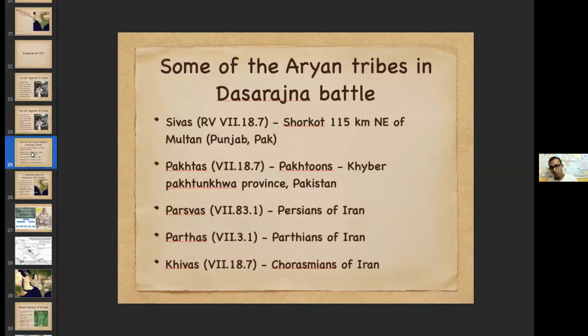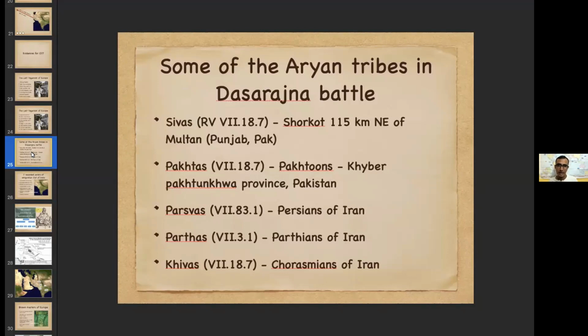Interestingly, I could go really deep into just this topic. This topic is so massive, so vast, so huge, just studying a few of these tribes, these groups of people. Now, Rigveda, 7th book, 18th chapter, 7th verse, explains about the Shiva people.